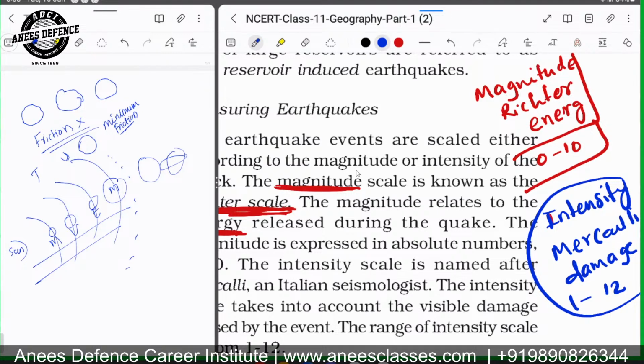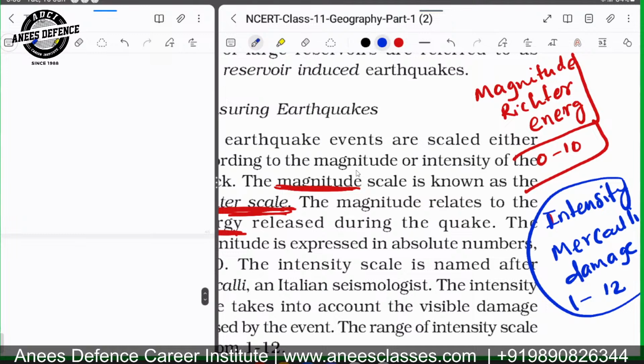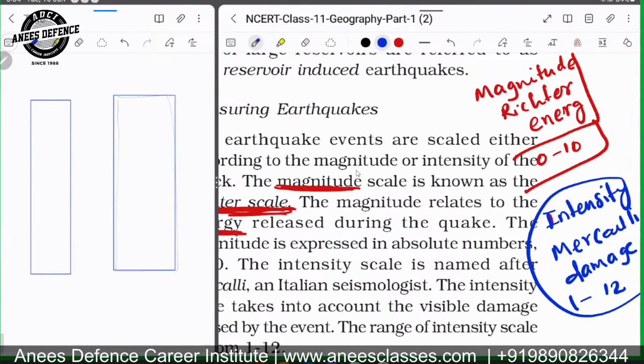Look, this is how it will be. If I draw a scale, so let us say this is 1, 2, 3, 4, 5, 6, 7, 8, 9, 10. So it will be the magnitude. It will be Richter, right?